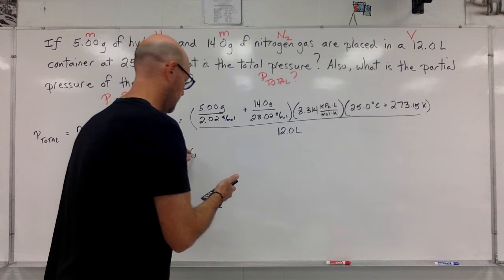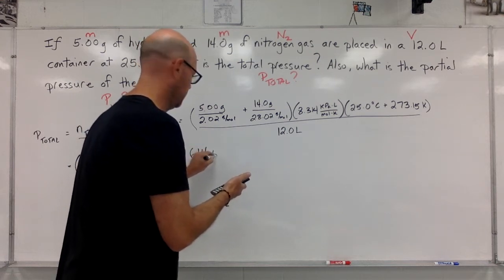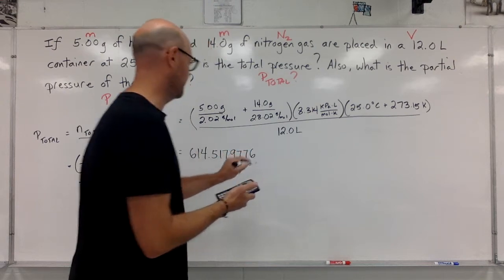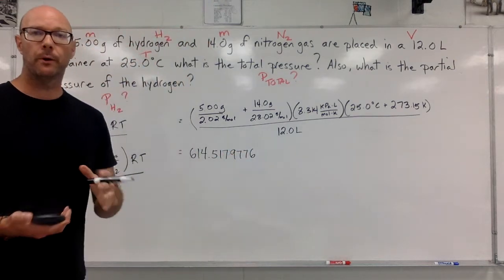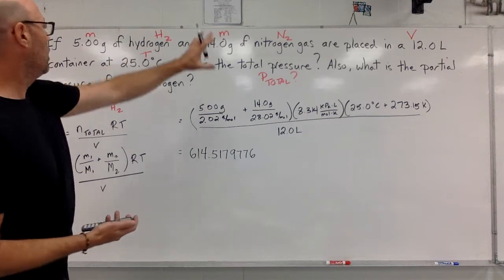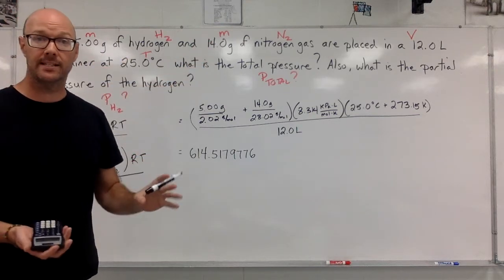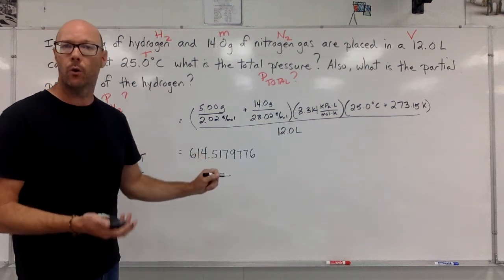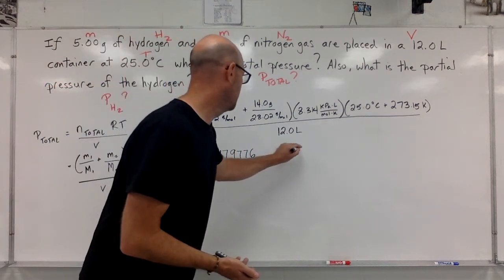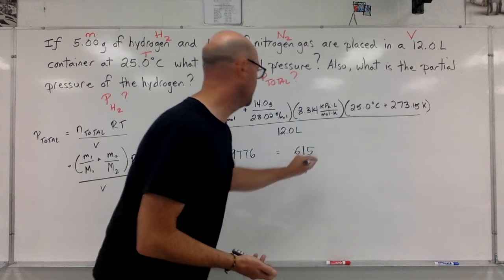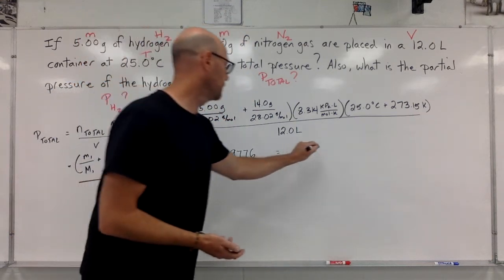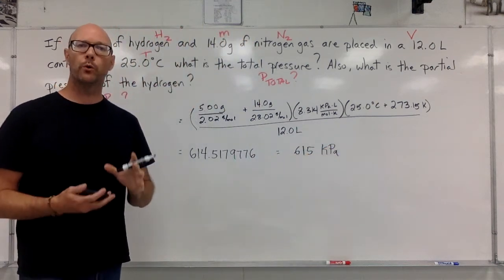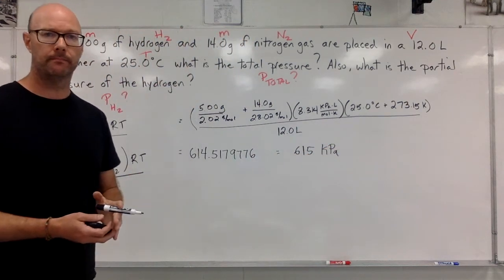We get 614.51797776, which, when we think about the significant digits, all of these numbers in the question have 3 sig digs, so we want our answer to have 3 as well. 614.5 rounds up to 615. And this was the pressure in kilopascals. That's the total pressure of this system.